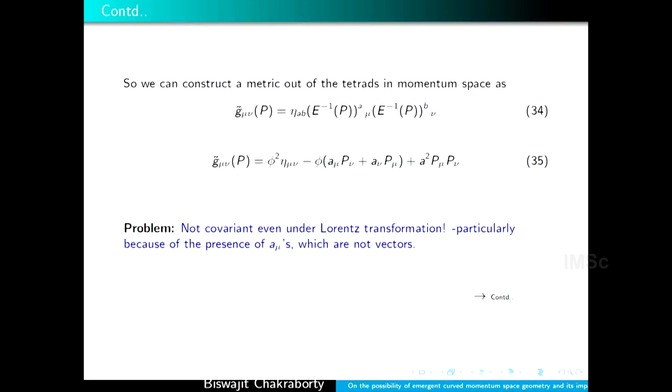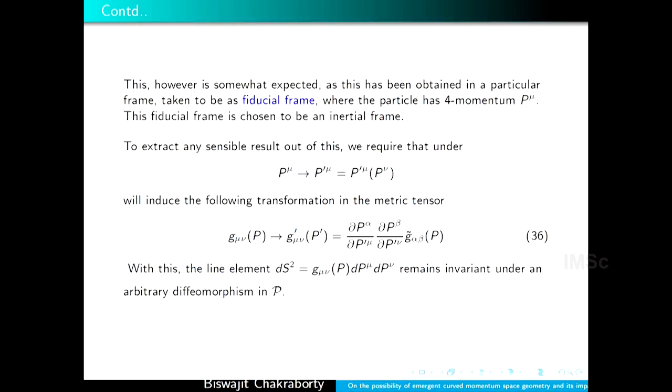You choose one of the inertial frames as some reference fiducial frame. And once you have chosen this fiducial frame, subsequent transformations, be it Lorentz transformations or more generally any diffeomorphism, require that G mu nu will transform just like a covariant second rank symmetric tensor, as I had shown here in 36.